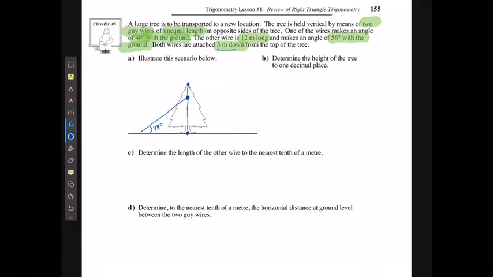Remember that it says it's attached 3 meters down from the top of the tree. The other one is going to be 12 meters long and make an angle of 56 degrees with the ground.